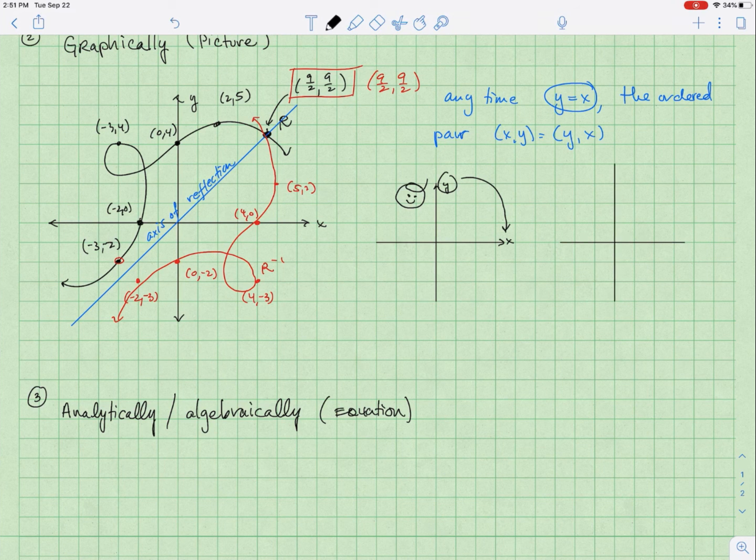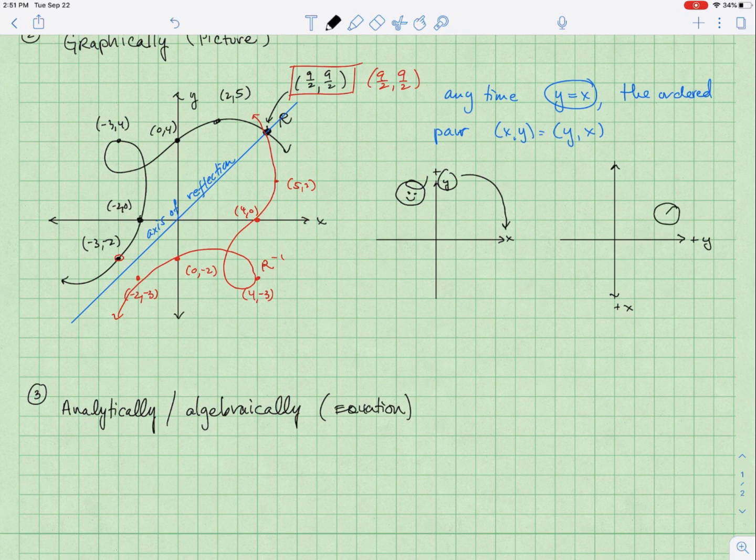So let's see what happens there. So if this was the positive y direction, this is the positive y direction, but that makes this the positive x direction now if I rotate by 90 degrees, and then this will look, oh, that hairdo's not quite right, is it? Something like that.